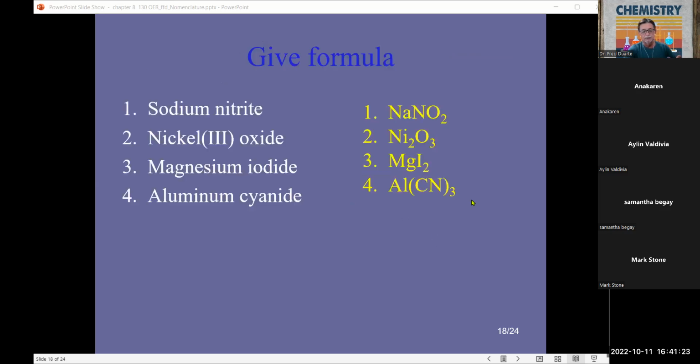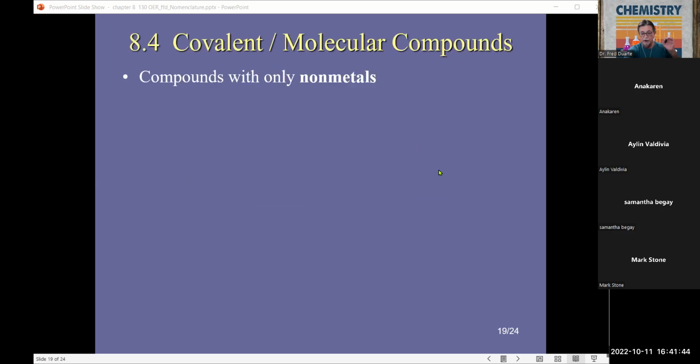Okay. For example, the last one is called aluminum cyanide. It is not called aluminum tricyanide, nor is it number 2. It's not called dinickel trioxide. Not at all. Ionic compounds do not use prefixes. Okay. Put that in long-term memory.